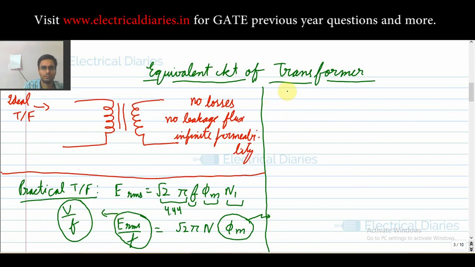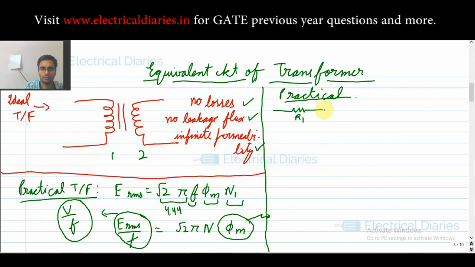Now let me discuss a little bit about the practical equivalent circuit of the transformer. We will use some elements to represent these losses, the leakage flux, and the infinite permeability thing, because practically these are not ideal. So R1 is the resistance of the primary winding.